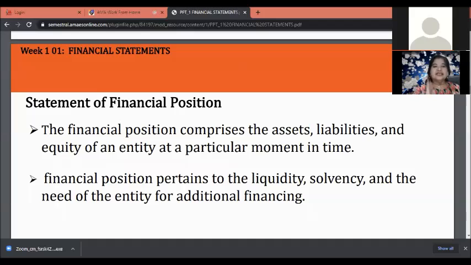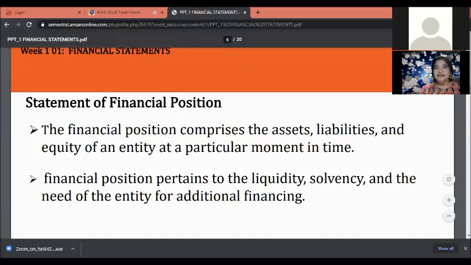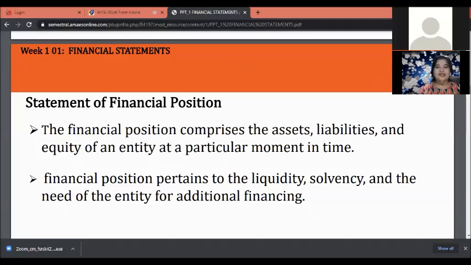Okay, when you say statement of financial position, the financial position comprises, of course, none other than ALC. Okay? At a particular moment in time. When you say particular moment in time, it will be your accounting period or periodic interval.